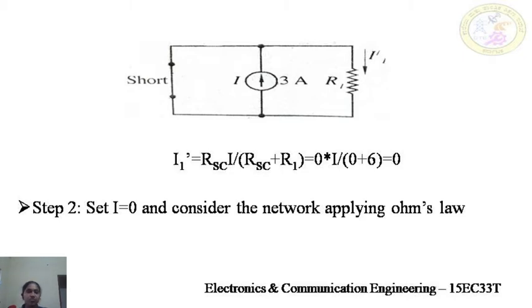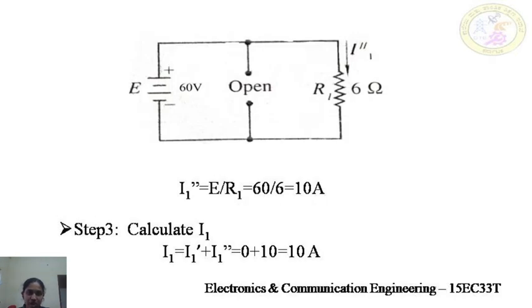In step 2, I is set to 0 and consider the network. Applying Ohm's law, we can obtain the current through 6 ohm resistor, that is I1 double dash is equal to E divided by R1, that is equal to E is 60, 60 divided by 6, that is equal to 10 ampere.